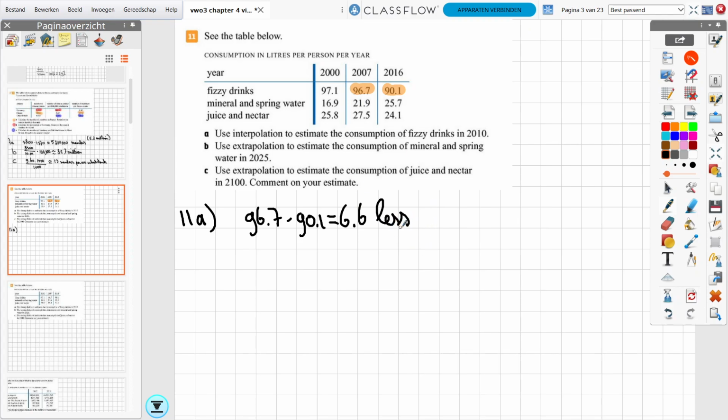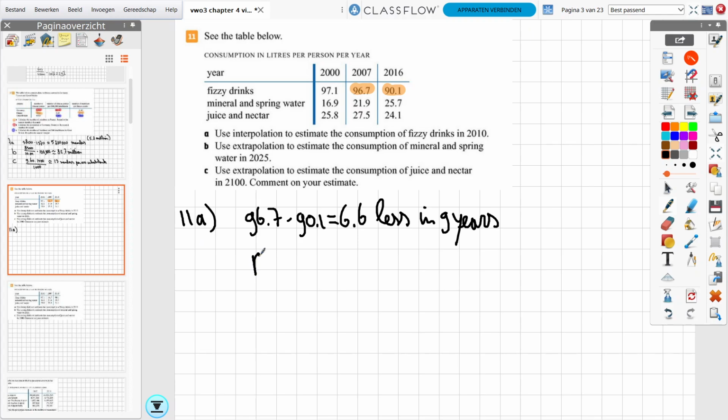But for how many years? How many years is it between 2016 and 2007? That's 9 years. So 6.6 less in 9 years. But I'm not interested in what happens per 9 years. I want to know what happens per year.